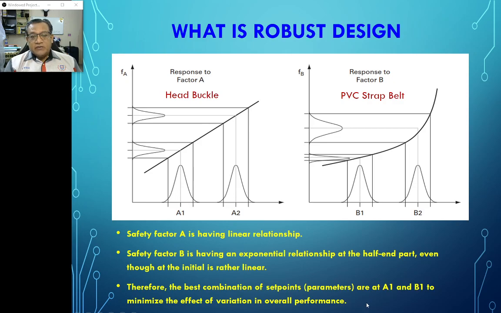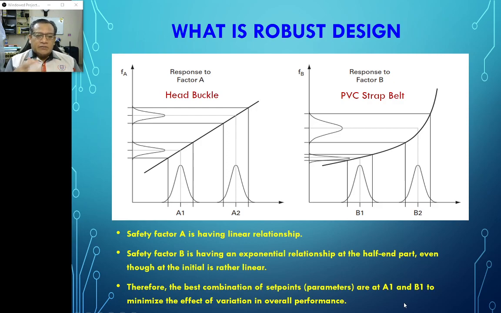So if you combine A1 and B2, you definitely have a very different kind of trend, whereas this one is linear and this one is curved. So this will give vast variation.